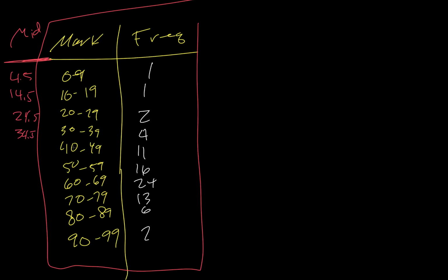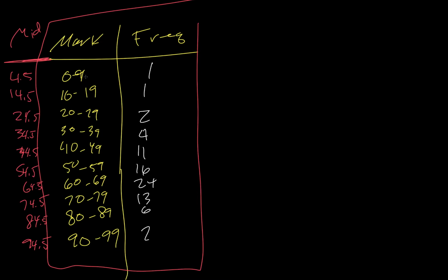Find the middle value between these two. So you could just add them and then divide by 2, or you could just kind of reason through it. That was 44.5, 54.5, 64.5, 74.5, 84.5, 94.5. Okay.